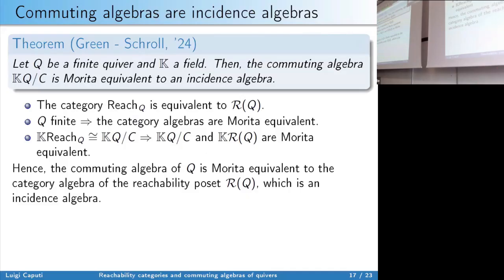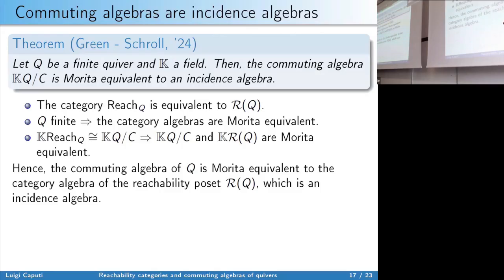And the reason is that, well, if you start with a quiver, we could associate with it the reachability category and the reachability poset, and these two were equivalent. But as Q was chosen to be finite, the category algebras are also Morita equivalent. If Q is finite, then the categories associated, the path category and the reachability category, have finitely many objects.